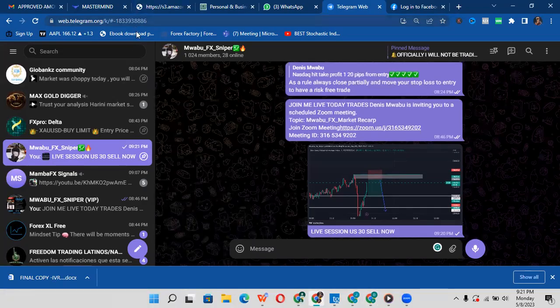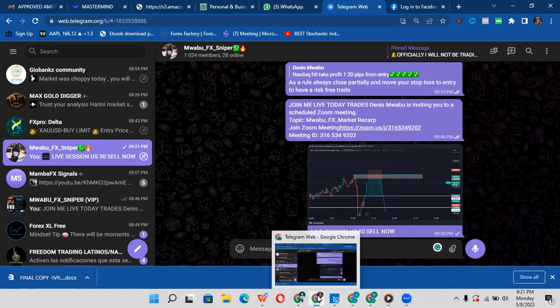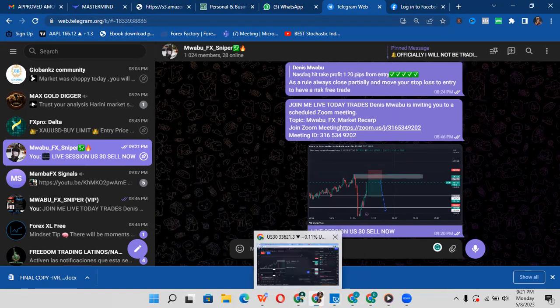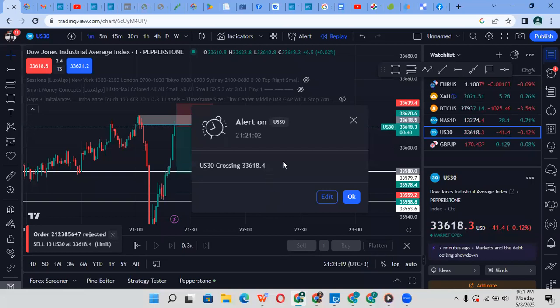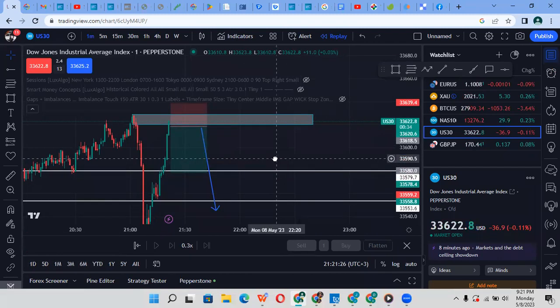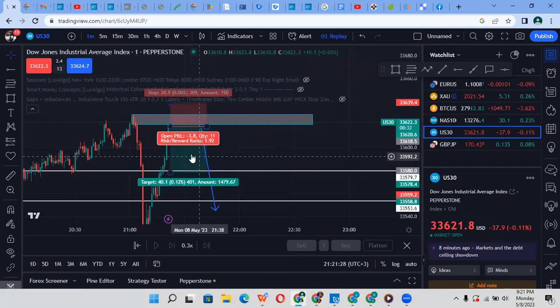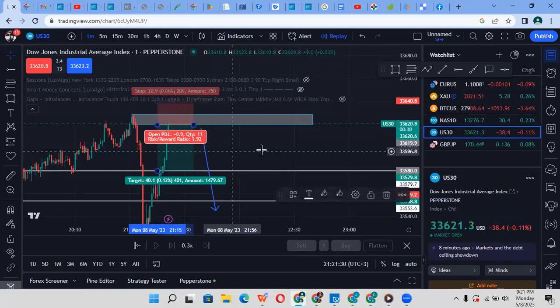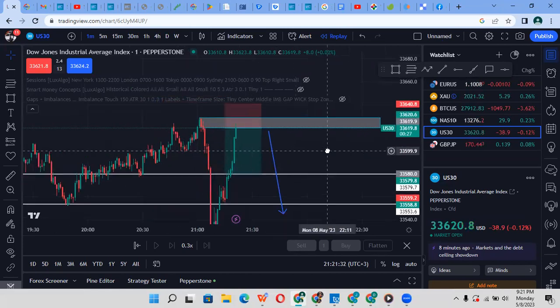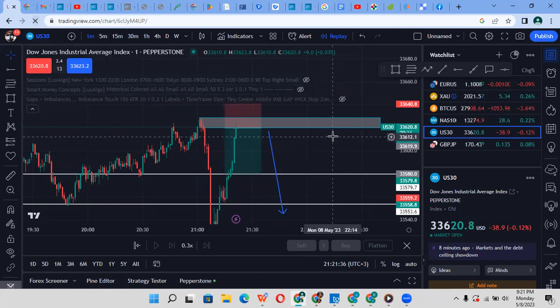If it plays perfectly, it will play perfectly. If it hits the stop loss, well and good. Supposed to have activated it.